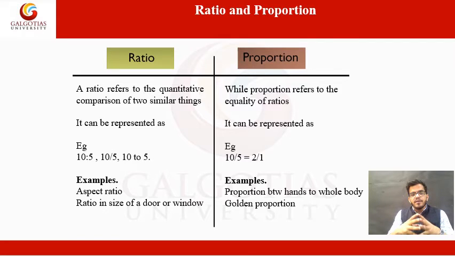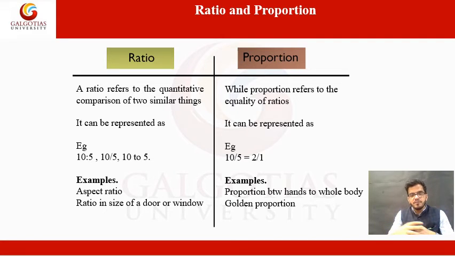So now, while we are discussing these representative forms of ratio and proportion, when we talk about ratio and we are talking about 10 is to 5, this means that we are talking about two similar kinds of things, where one thing is in a composition of a value of 10 units, and the other one, which is also a similar kind of thing, is in a composition of 5 units.